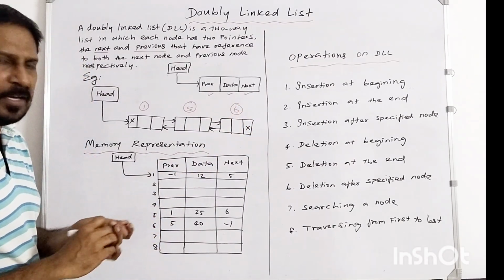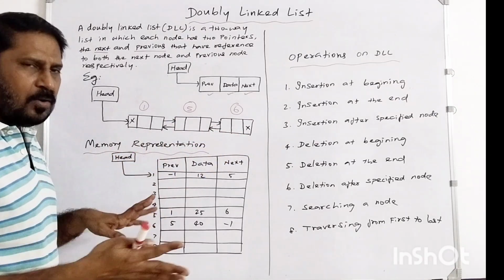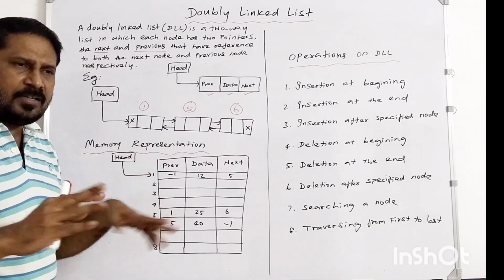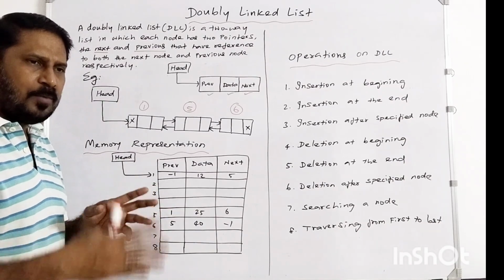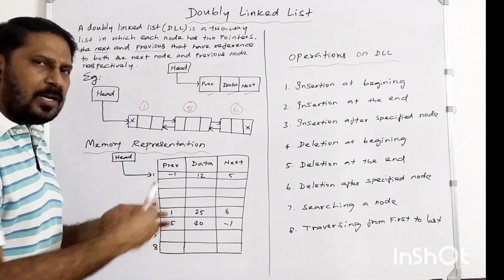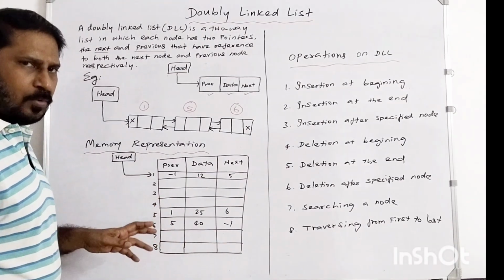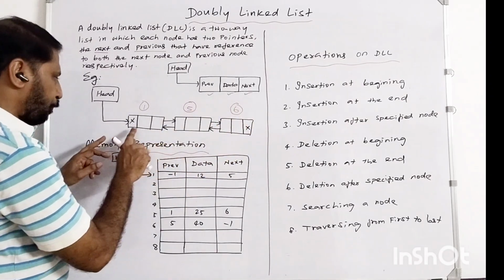First node, fifth node, sixth node. We already know that in a linked list, the nodes are not continuous. According to the availability of memory, we take whatever node is available and connect it to the previous node. So that's why this is not continuous.